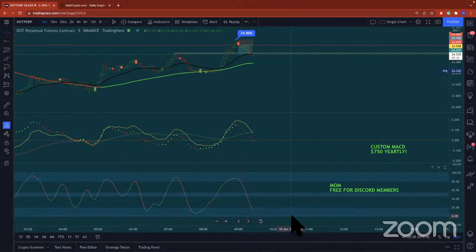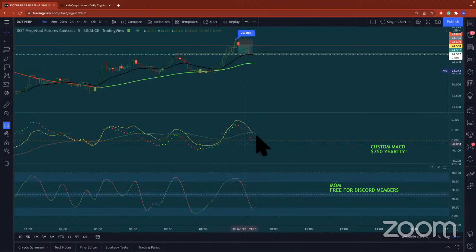Yeah, so this bottom indicator, it's just a custom stochastic momentum indicator with my settings coded into it. This one is just a MACD coded to my settings and my style of trading. And then we have the 15 EMA and then a trend indicator, the super trend indicator set at 50.